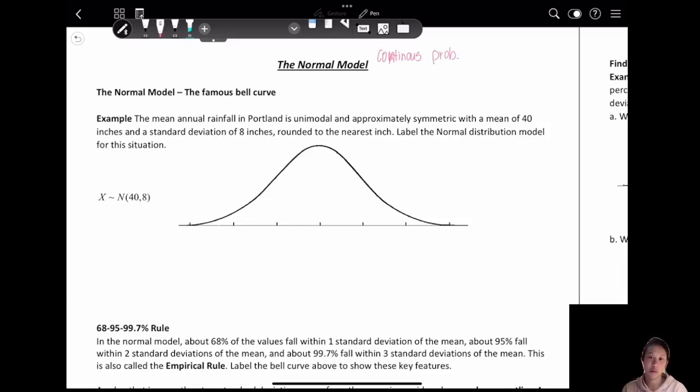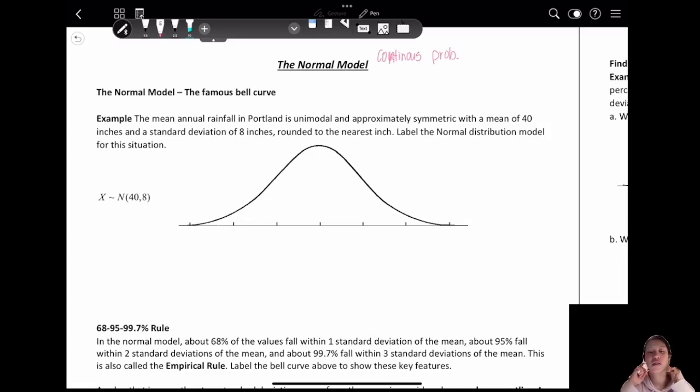So what is continuous probability? What is discrete probability? Let's do some review. Discrete probability means that you measure by counting, such as 1, 2, 3, 4, 5. That's your variable by counting.